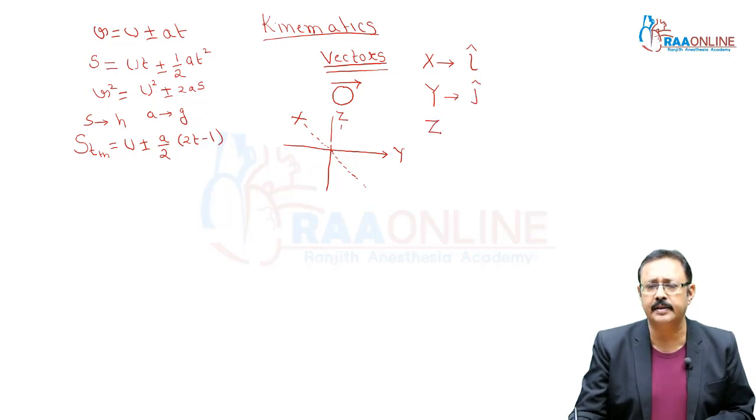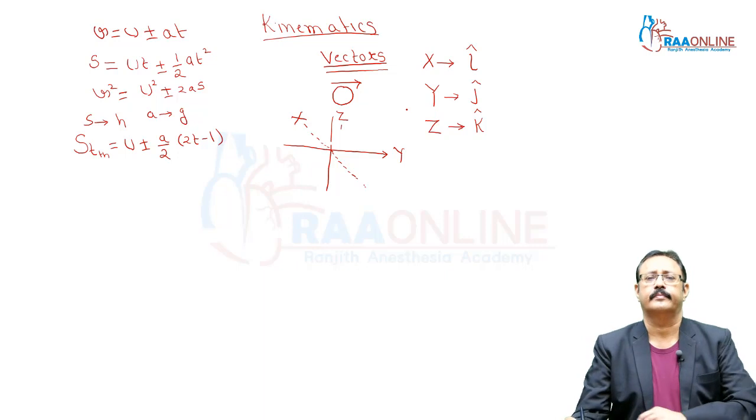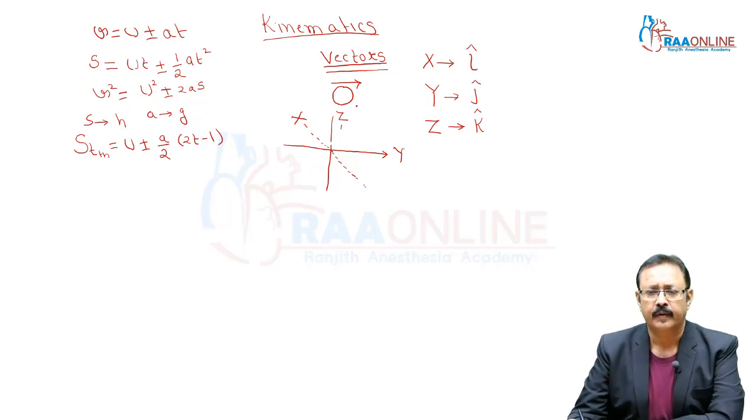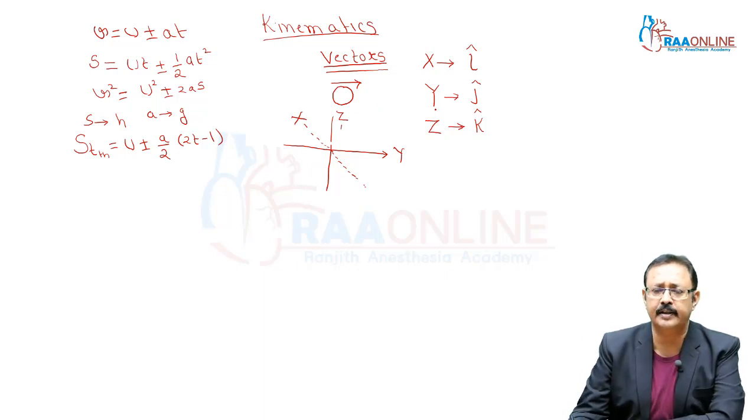In the z-axis, the unit vector is denoted by k cap. Negative direction of x-axis, minus i cap. Negative direction of y-axis, minus j cap. Negative direction of z-axis, minus k cap.